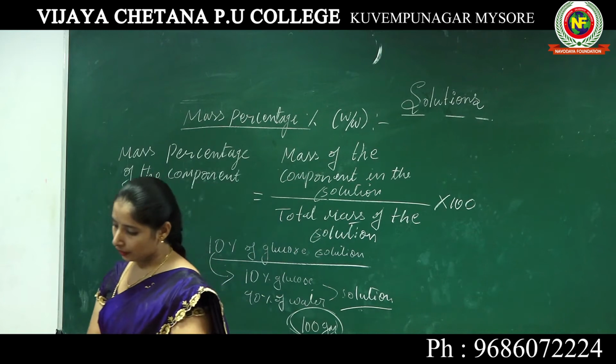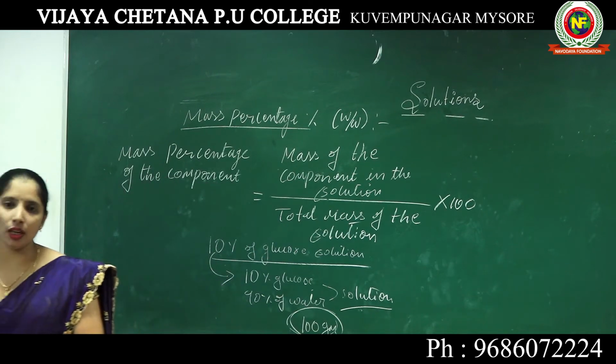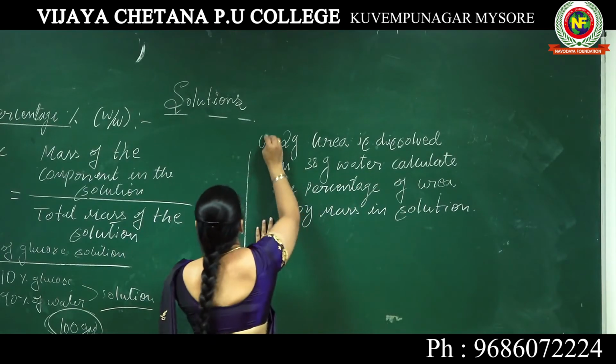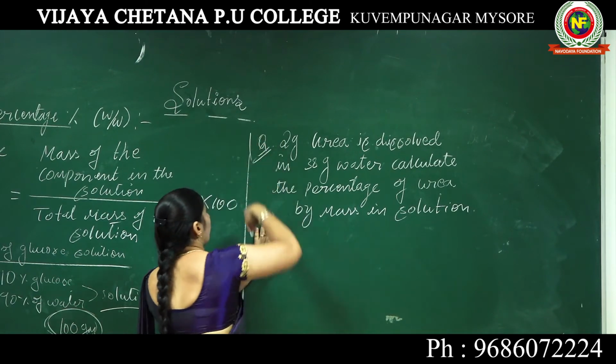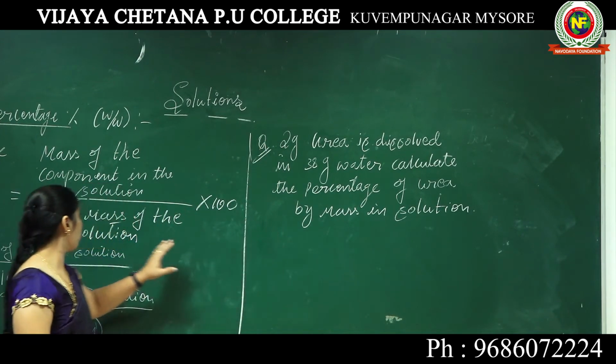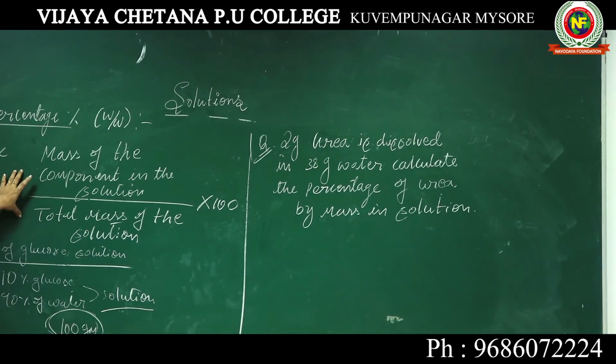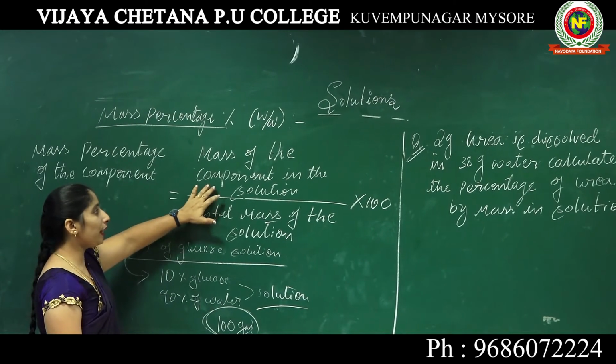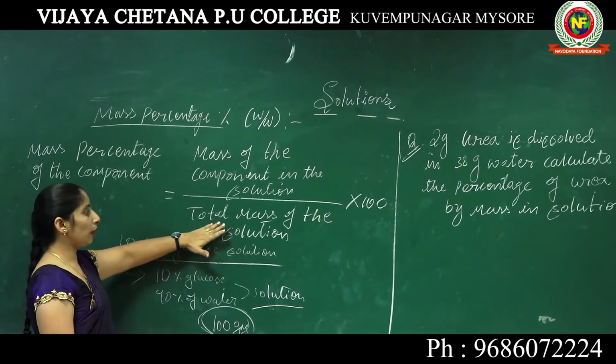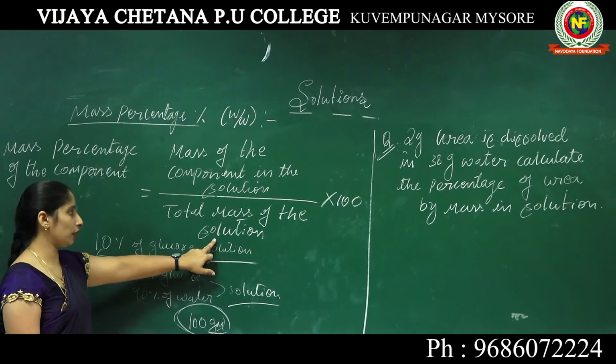So based on that, let me solve one problem based on the mass percentage. We know how to find the mass percentage: the mass of the component in the solution divided by the total mass of the solution.